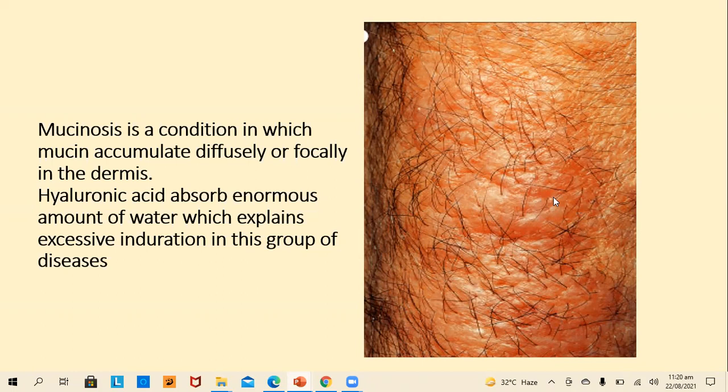Hyaluronic acid, which is a form of mucin, absorbs an enormous amount of water, which explains the excessive induration in this group of diseases. Since mucin is hygroscopic, it absorbs a lot of water, as a result of which the skin that contains mucin will become indurated and firm in appearance.